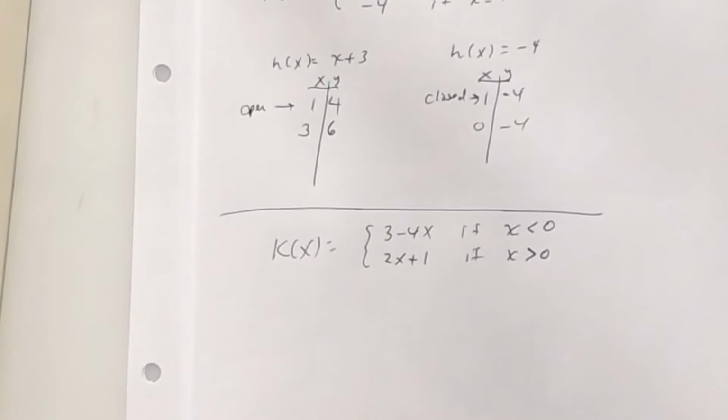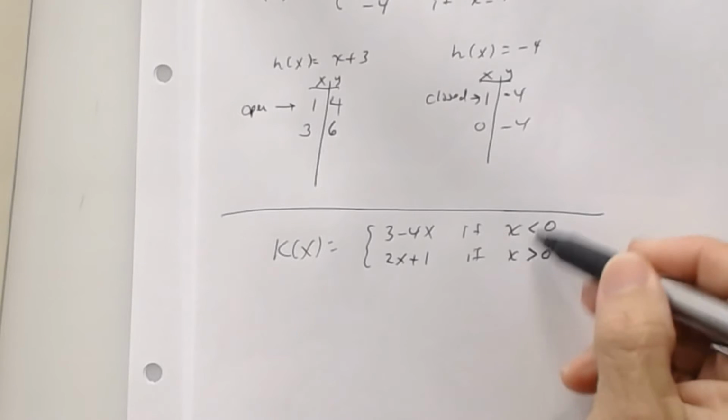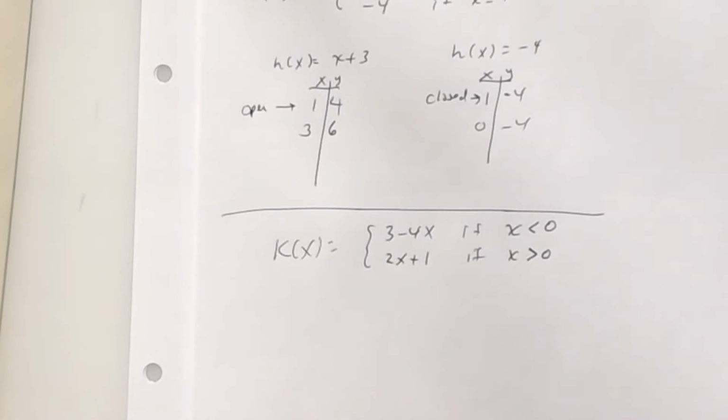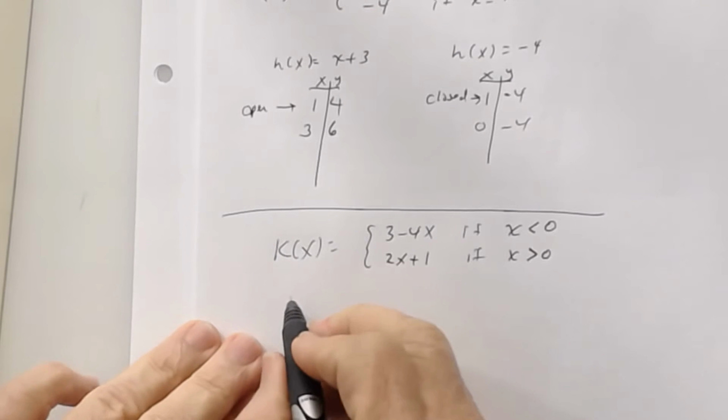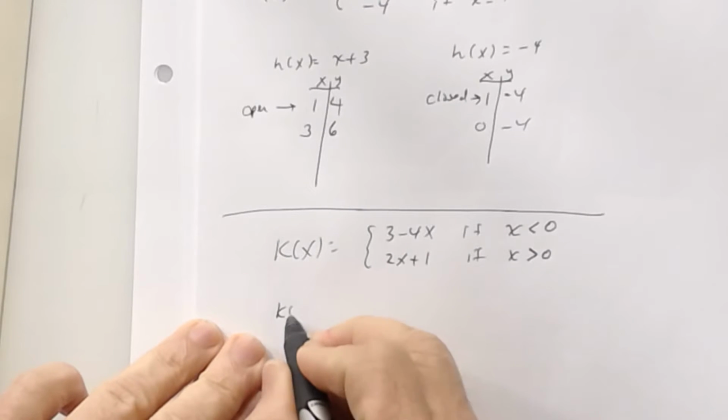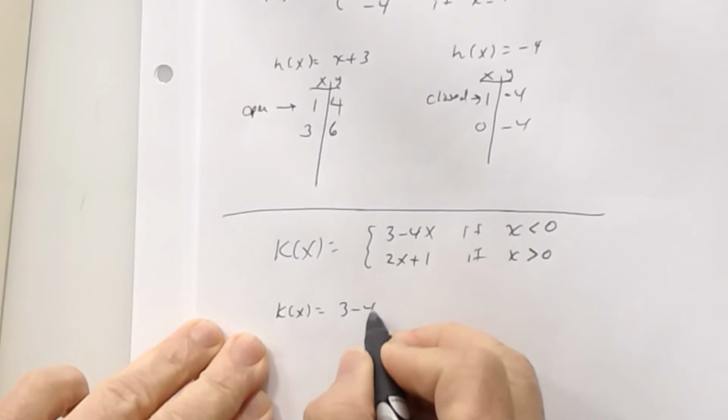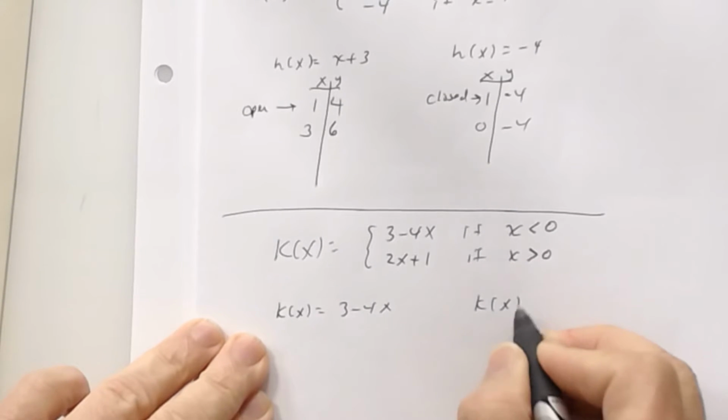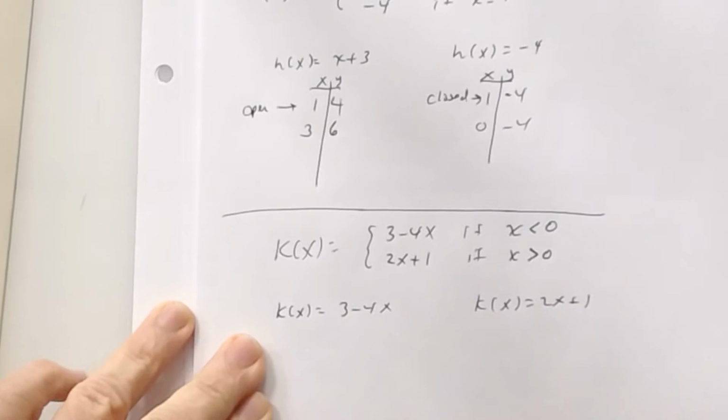Now notice my domain, if I look at it throughout, it's all real numbers except what this time? 0. Okay, good. All right, so we're going to graph each one individually. k of x equals 3 minus 4x, and then k of x equals 2x plus 1.